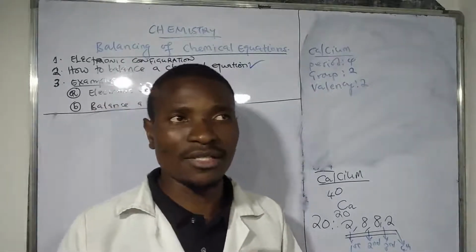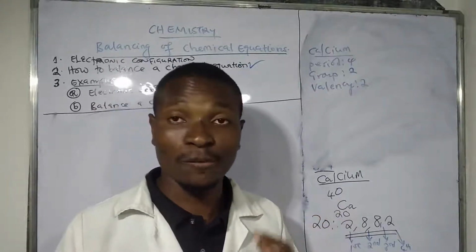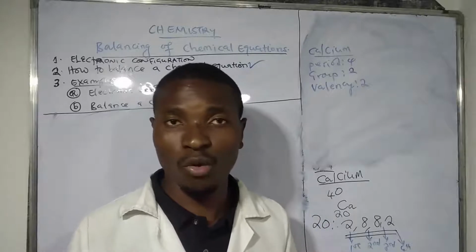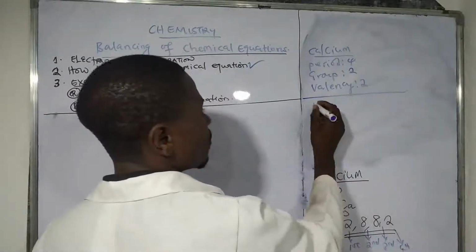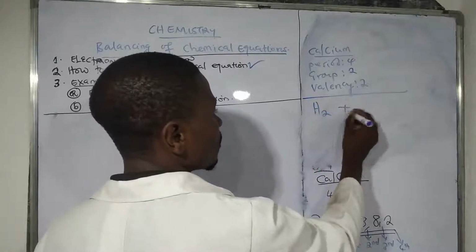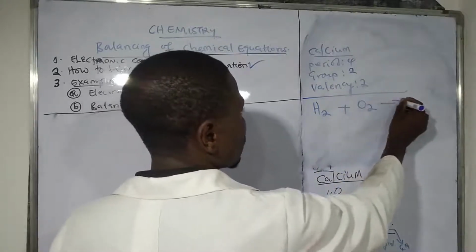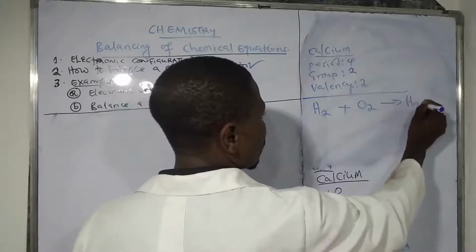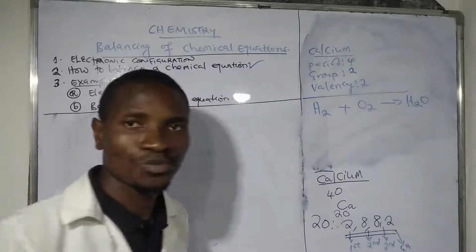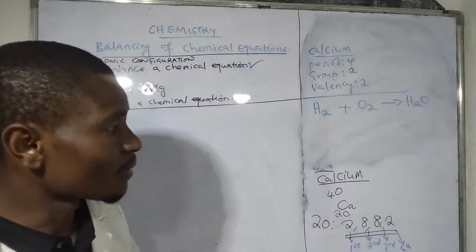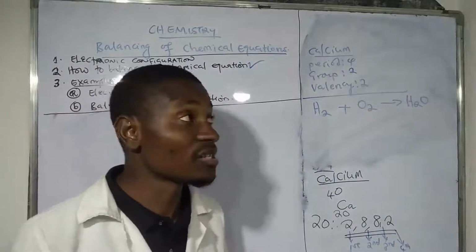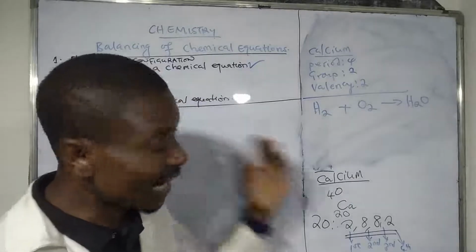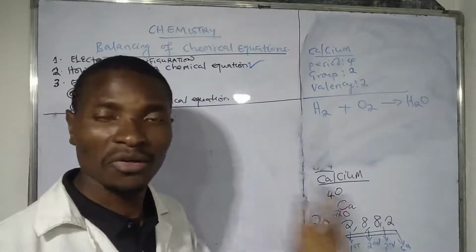Let's take, for instance, the simplest chemical equation, which is the formation of water. Hydrogen plus oxygen equals H2O. This is the simplest chemical equation, but a very important one. Hydrogen plus oxygen equals water.